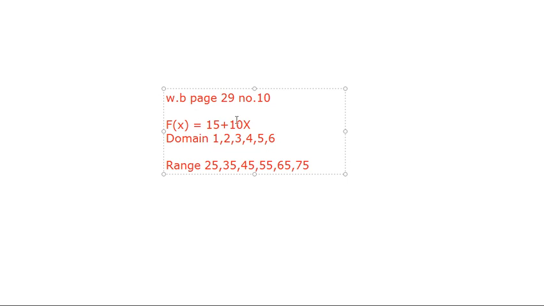Then we go back to the function and replace the value of x one time by 1, second time by 2, by 3, by 4, and so on. Then 15 plus 10 times 1 is 25. 15 plus 10 times 2 is 35. 15 plus 10 times 3 is 45, and so on.